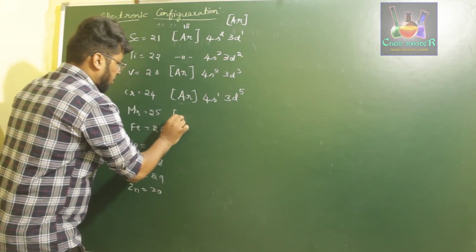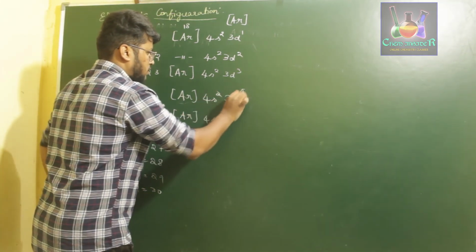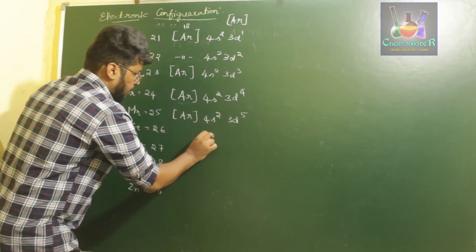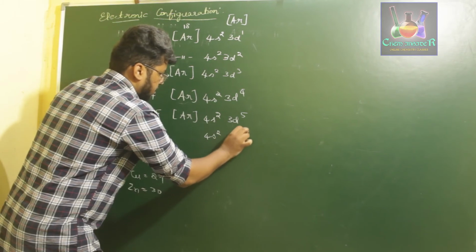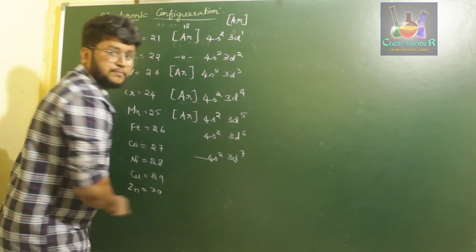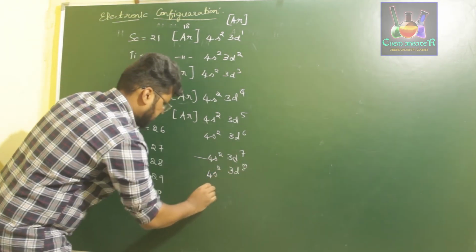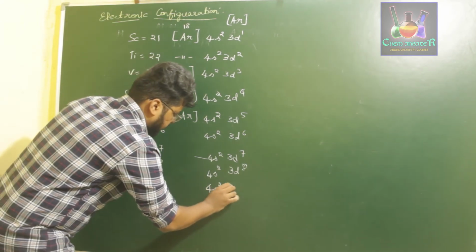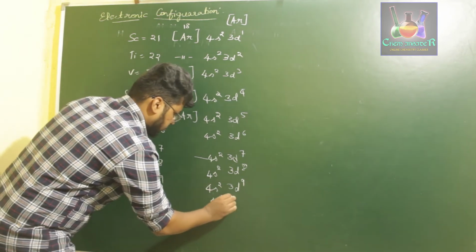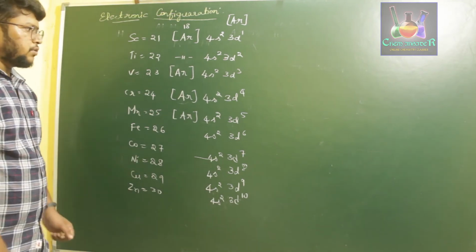Sorry, let me first keep the regular pattern: 4s2, 3d4, then 4s2, 3d5, then 4s2, 3d6, 4s2, 3d7, 4s2, 3d8, 4s2, 3d9, and 4s2, 3d10. So this will be the electronic configuration.